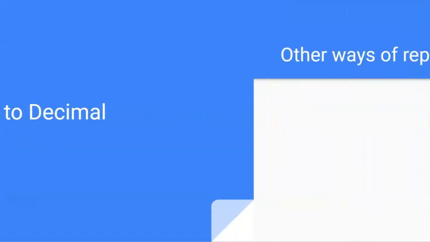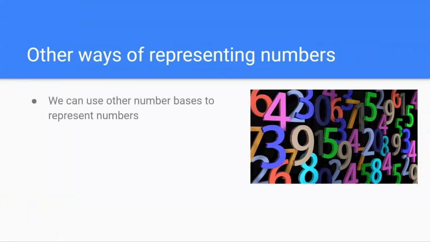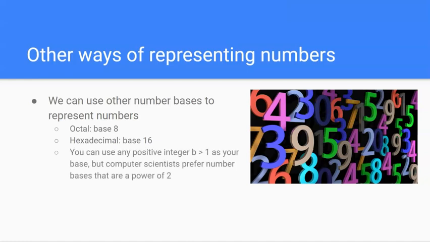And the big thing about this is that I know we've only talked about decimal and binary, but we can honestly use any base that we want to represent a number. Octal is what we would call base 8. We will run into something a little bit later called hexadecimal, which is base 16. You might be thinking, why would we ever use that? There are some very useful things that we can utilize that for.